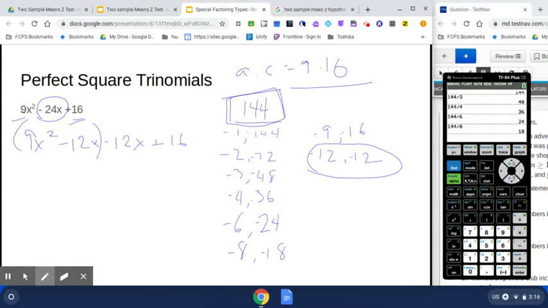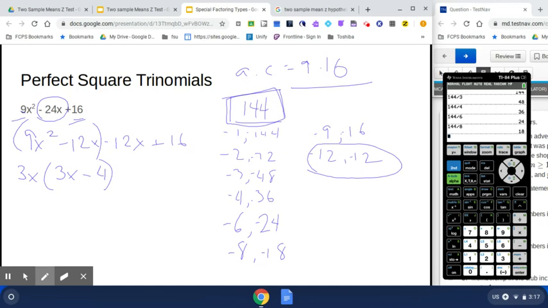Grouping them together, 3x is the GCF in that first pair. 3x times 3x will give me 9x squared, and 3x minus 4 will give me that negative 12x.